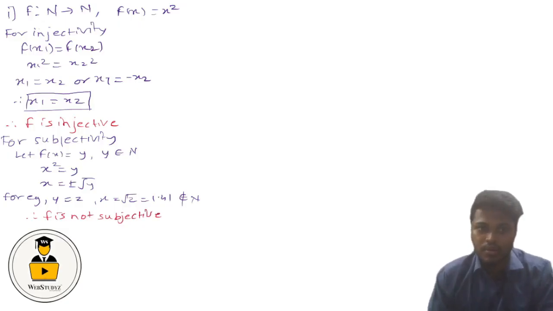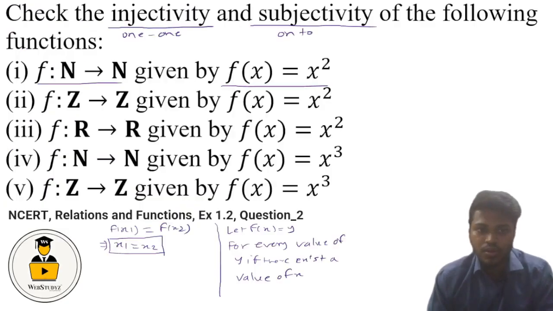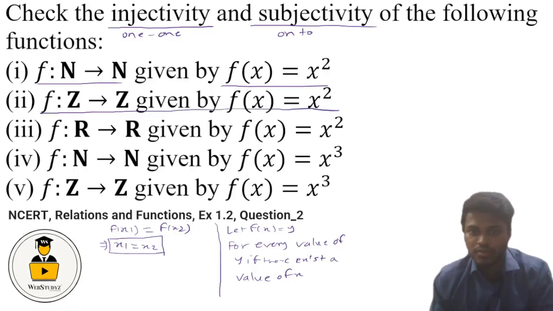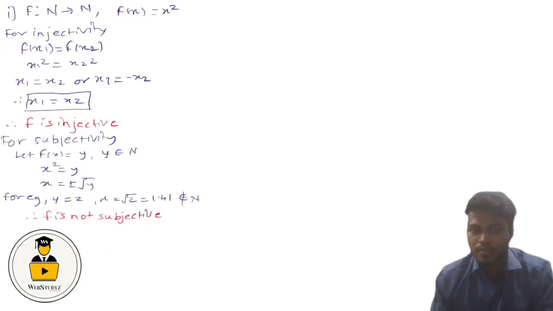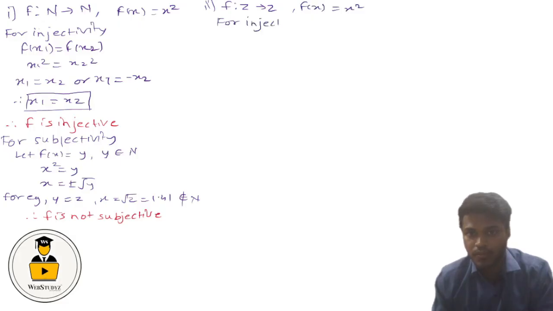So the same concept can be used for the other functions also. For the next function, we have f from Z to Z, and the function is x square only. So f is now from integers to integers and the function is the same, x square. First we will check for injectivity.